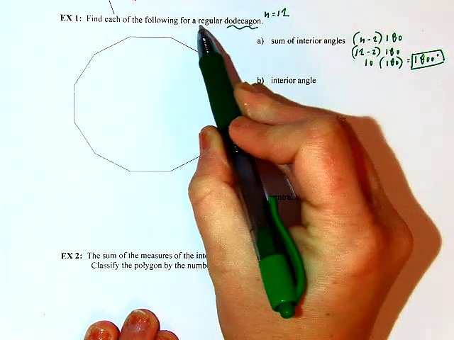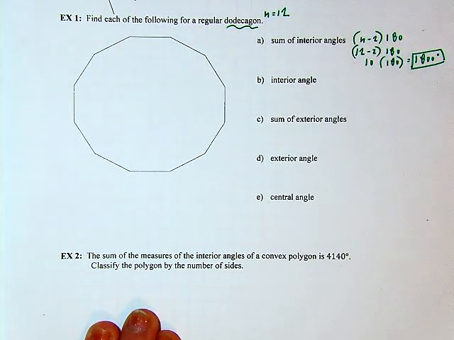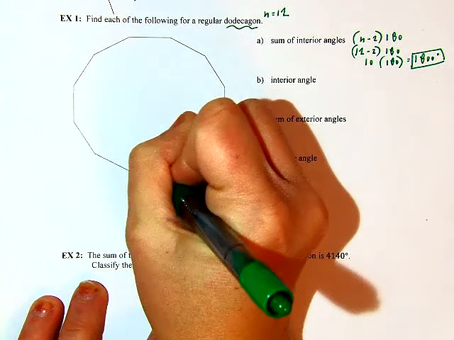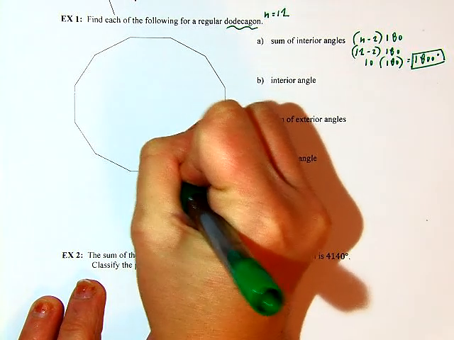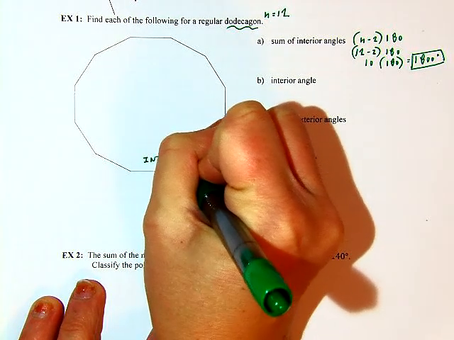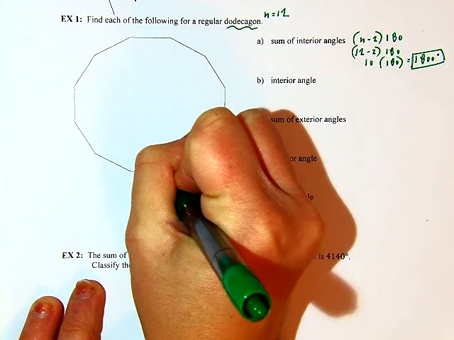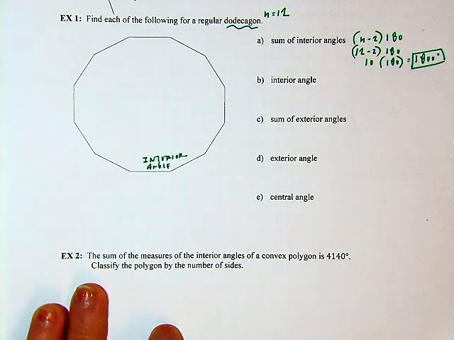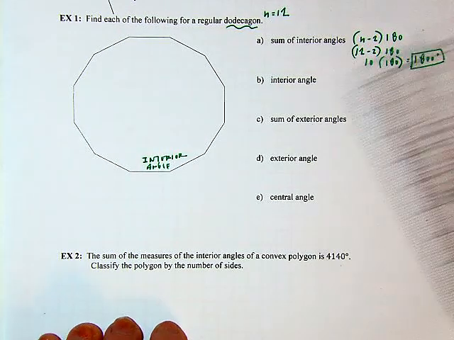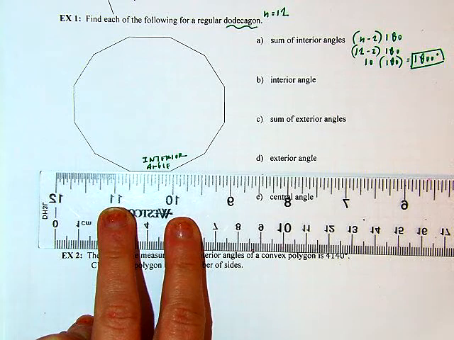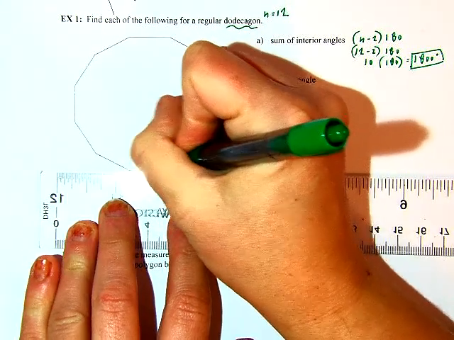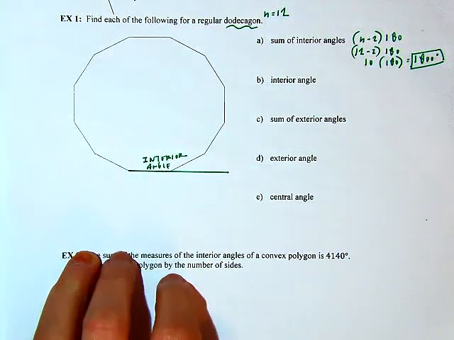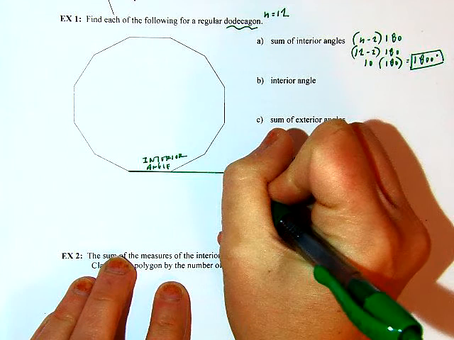And if it's regular, they are all the same. Let me label one of the interior angles. Here is an example of one of the 12 interior angles. Then if I extend this side right here, and I could extend any of them, that's going to produce an exterior angle.